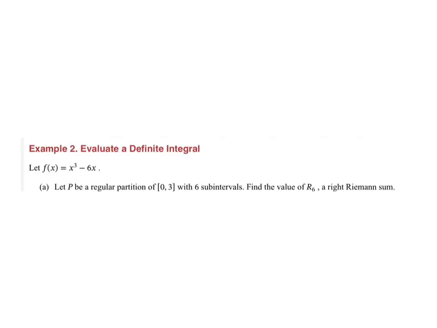All right. Let's jump on to example 2. Example 2 says evaluate a definite integral. Let f of x be x cubed minus 6x. Let P be a regular partition of 0 to 3 with 6 subintervals. Find the value R sub 6, which is a right Riemann sum. So this is exactly what we did yesterday in the tables, but instead of having a table of values here, we've got a function.